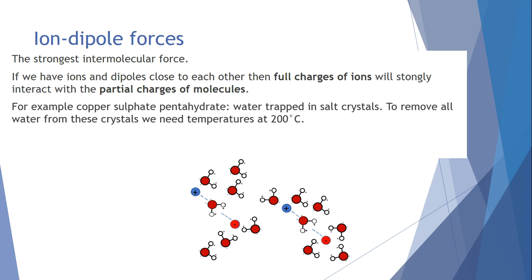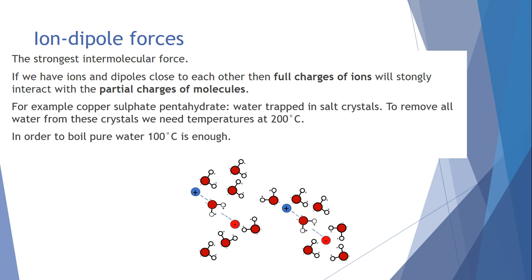Copper sulfate is a blue powder. Whenever we take out copper sulfate, it's going to be a pentahydrate. And that is a salt with water molecules trapped within the salt crystals. In order to remove all of these water molecules, to dry this copper sulfate so it's not hydrated, we're going to need temperatures up to 200 degrees.